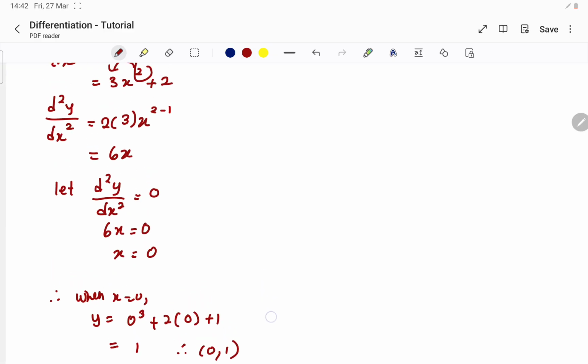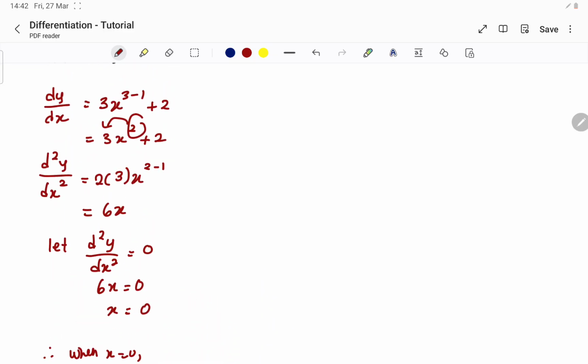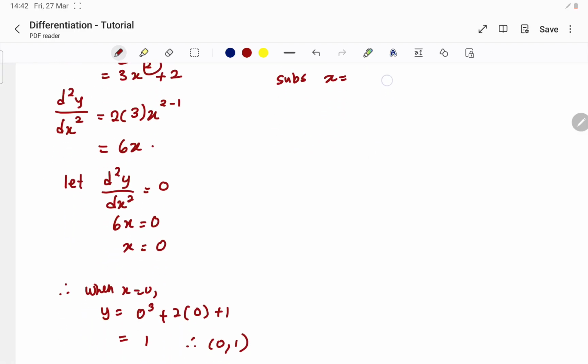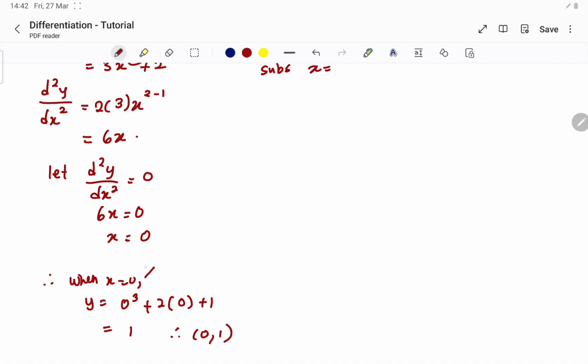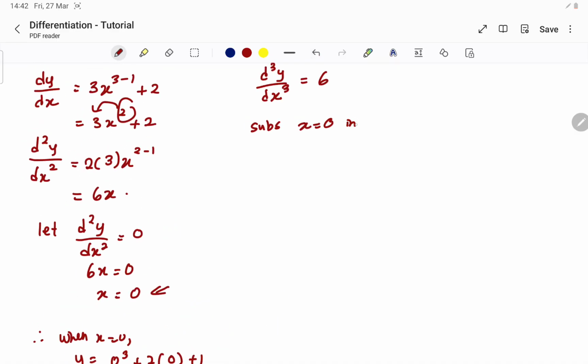So you have to differentiate the 3rd time. You have 6x, when we differentiate it becomes 6. Then you have to substitute x is equal to 0 that you got here.